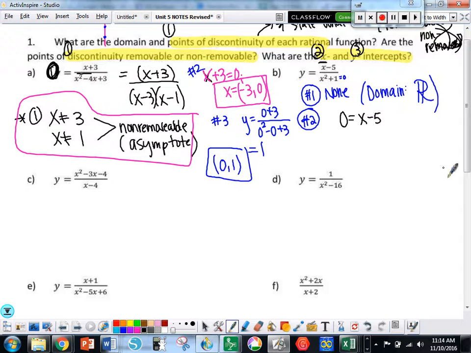Now, do we care about the numerator or the denominator, or both? Do I even have to write down the denominator here? Because what would happen is I would multiply both sides by x squared plus 1. This would cancel, and this would still be 0, right? So when you're looking for the x-intercept, we don't care about the denominator at all.